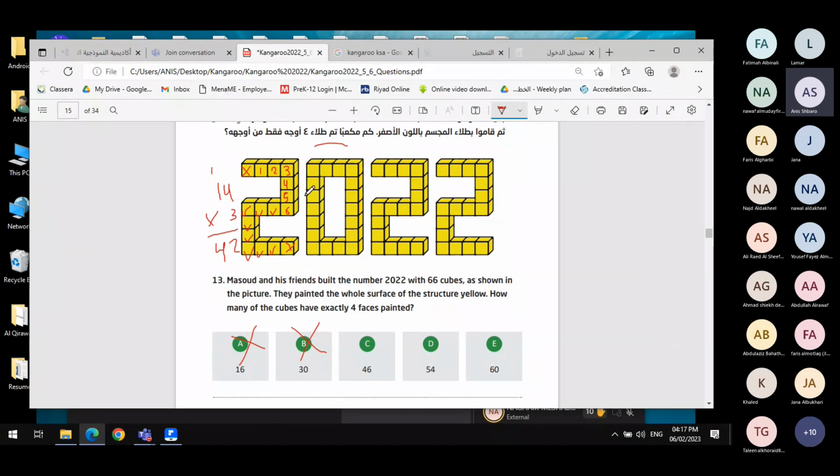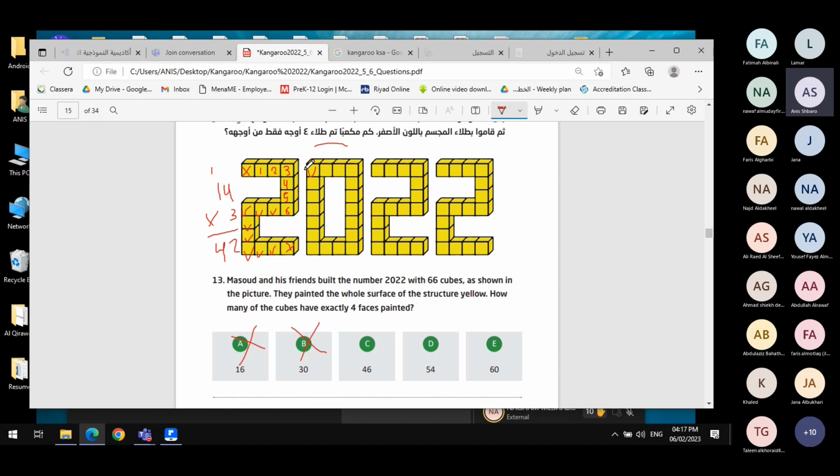Let's count here under 0. Okay, 1, 2, 3. So I think I only have 3. This one, 3 only, the one at the corner. 1, 2, 3, 4. Yes. Remember there's one in the back.